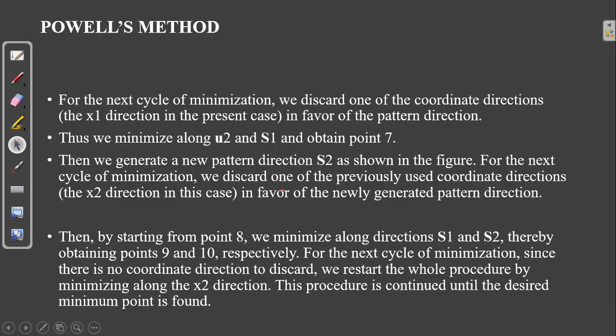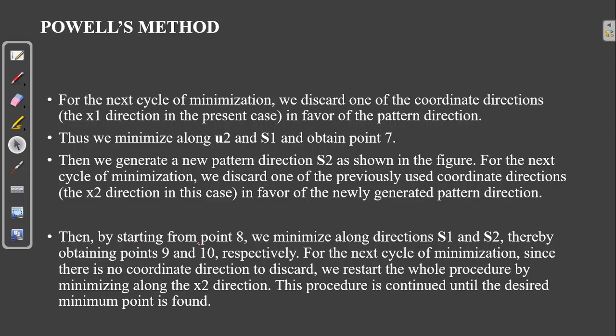That is what this point is saying. Then we generate a new pattern direction, that is s2 or sp2 as shown in the figure, for the next cycle of minimization, and we discard one of the previously used coordinate directions, that is the x2 direction in this case, in favor of the newly generated pattern direction.